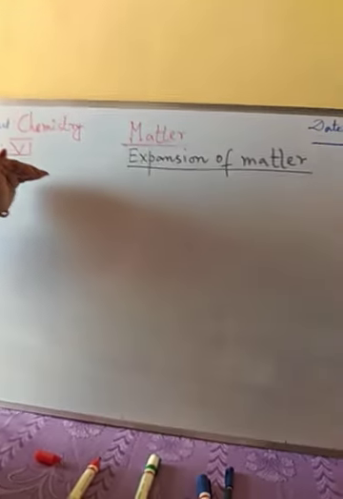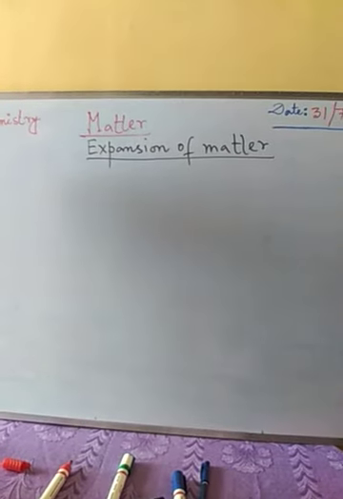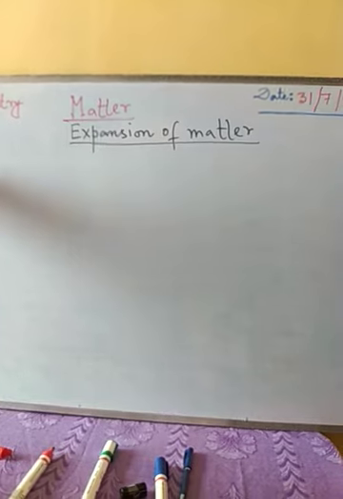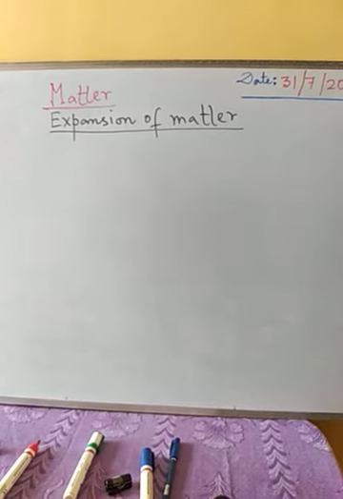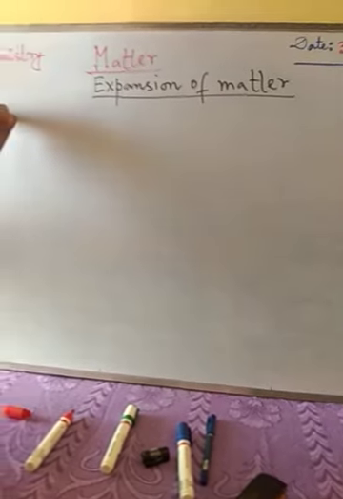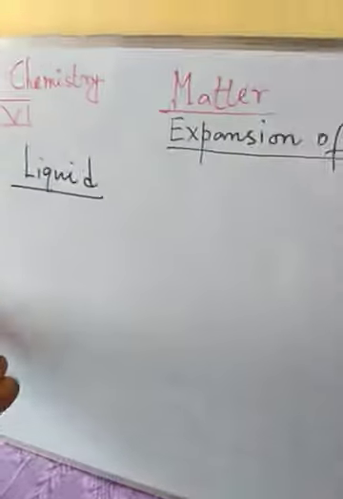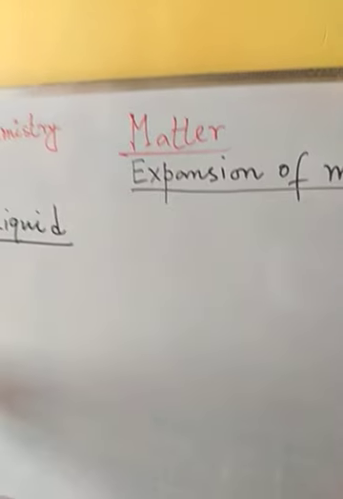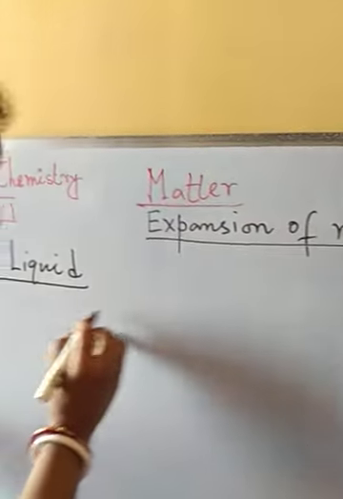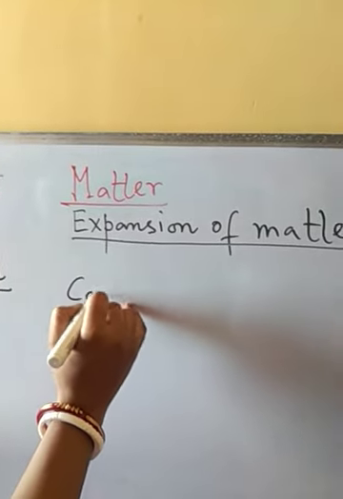Now we will be doing the same for liquid. We are going to do an experiment on expansion of liquid. This experiment is also very simple and easy, and for that you have to know a few terms. The first term is capillary.